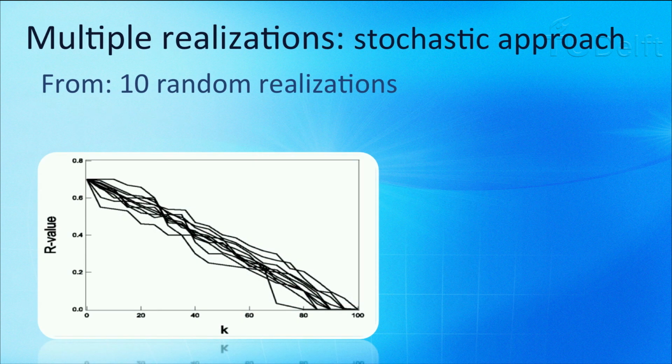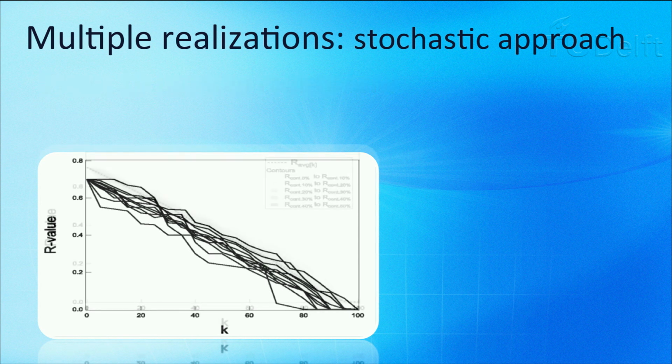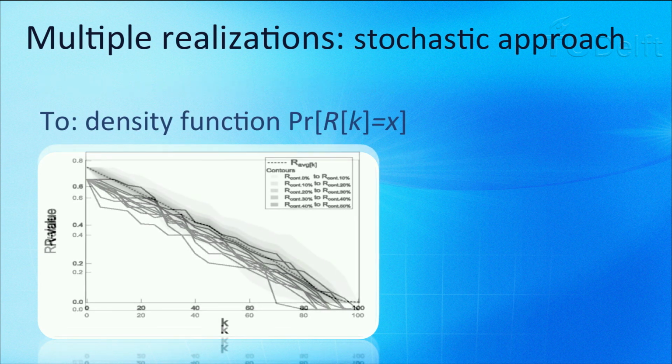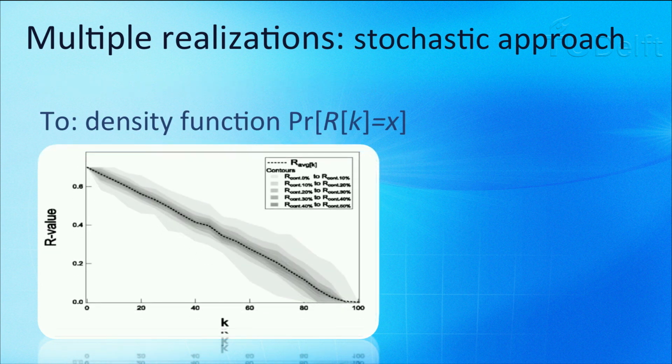There is a huge number of ways in which we can attack a network. First, we see 10 different realizations, 10 different ways in which a link in the network is subsequently removed, and its effect on the R value. We now see the probability envelope as a contour plot consisting of all possible ways in which K links can be removed.